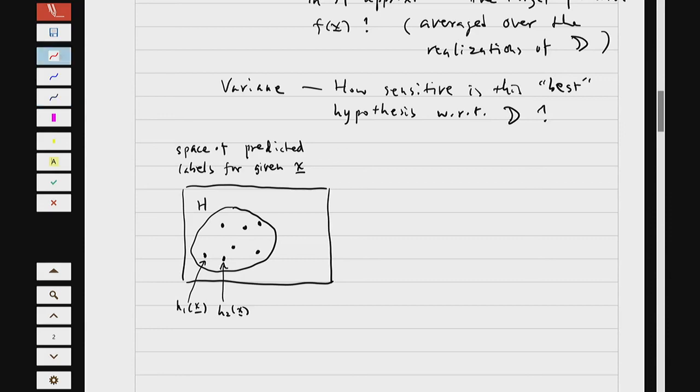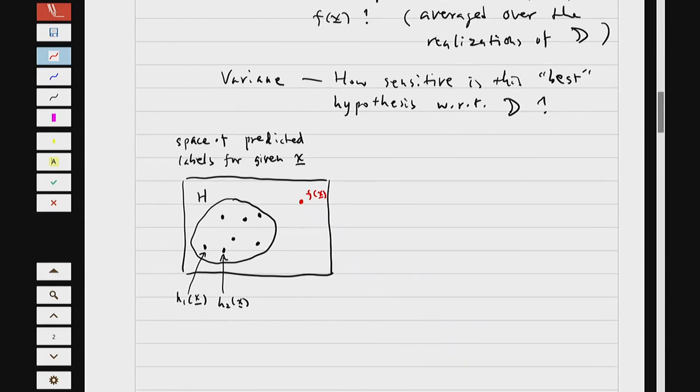And then here we're going to have the true label, f of x, right here. Then you train your model. Maybe at the end you have this g bar over here. Let me use a different color.